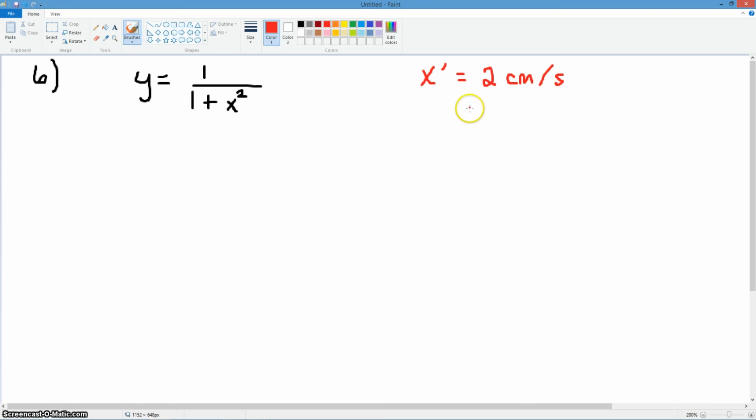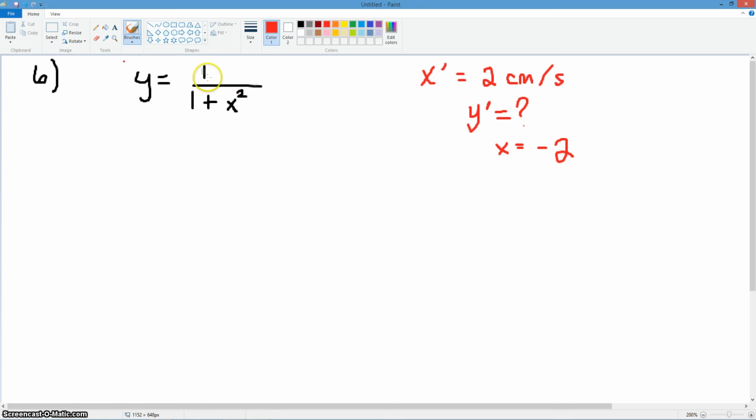Find y prime. So we're going to need to find y prime for the given values of x. And for this one, for the a part, we are given that x is equal to negative 2.